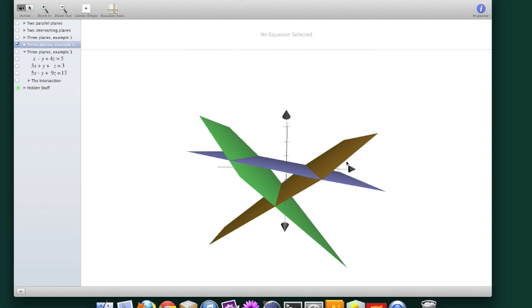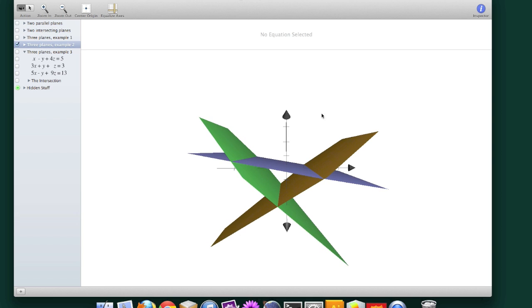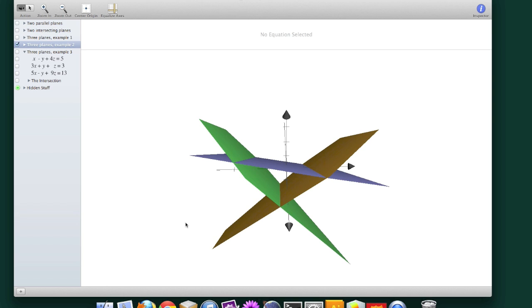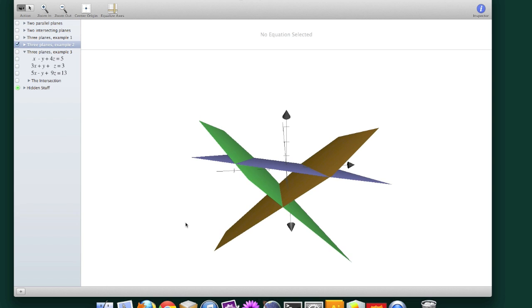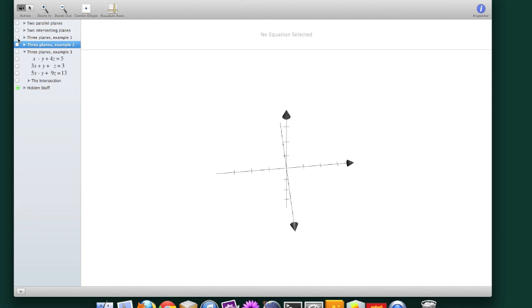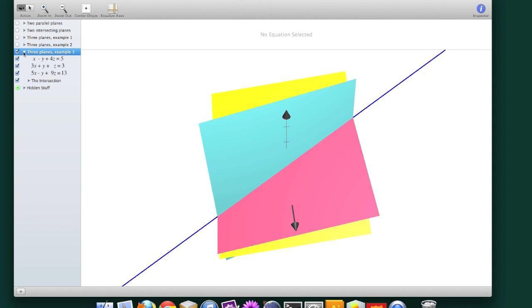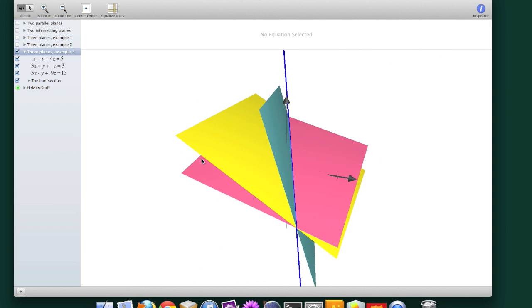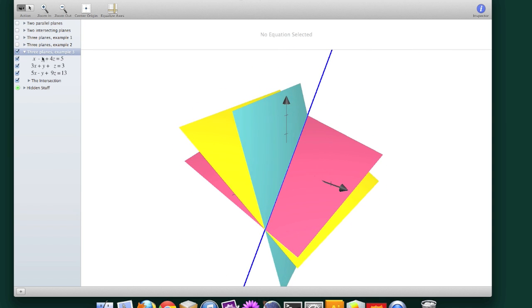Now there are different ways that planes could fail to intersect. You might have them be three parallel planes or two parallel planes and one transversal. Either way, as long as there are no points that are on all three planes at the same time, there's no solution. If you do have this situation, you have infinitely many solutions.